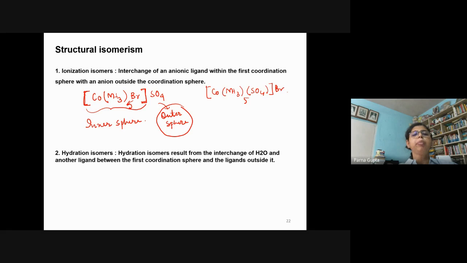You can get questions like this. It's not that someone will tell you to give two examples of ionization isomer. No, people will not ask like this, but people will give a general formula, let's say.